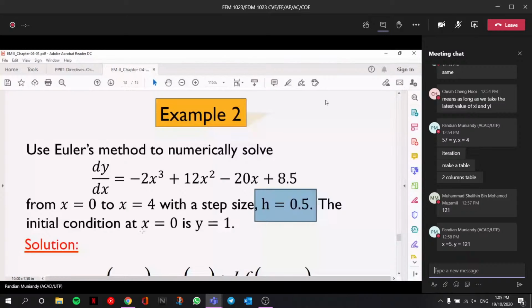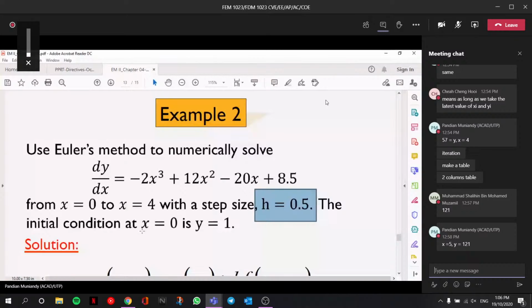So you have to find the next one, which is x 0.5, and then 1, 1.5, 2, 2.5, 3, 3.5, 4. So you got to do 8 times, class. 8 intervals. How do you know?